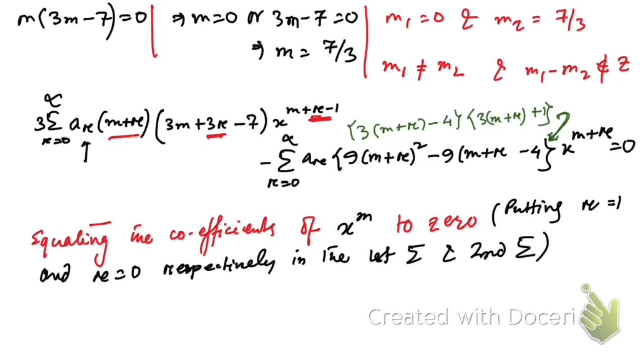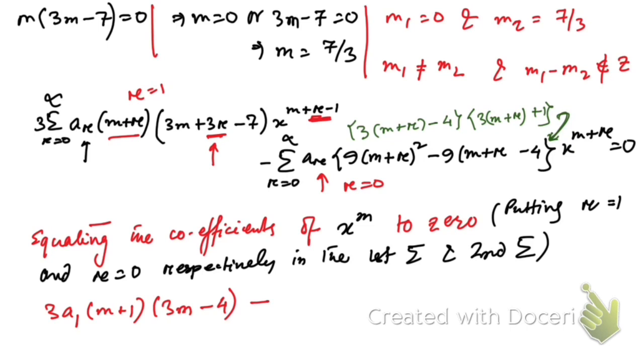Now you see, if you put r is equal to 1 in the first summation, then you're going to have 3a1 times m plus 1, then if you put 1 here, you're going to have thrice m plus 3 minus 7, that's going to be equal to minus 4. So directly let me write minus 4, then minus, if you put r is equal to 0 in the second summation.